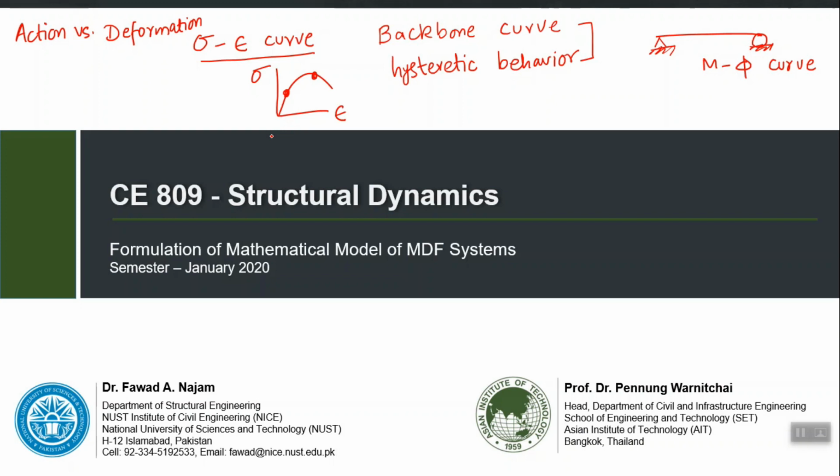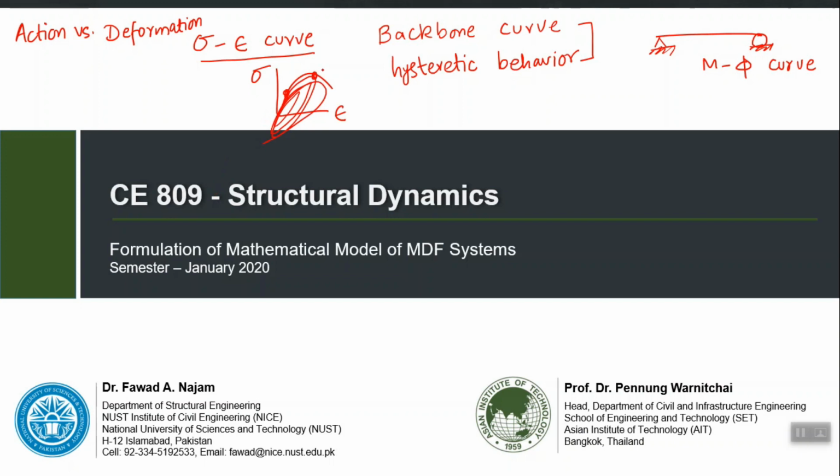But you can also get a more comprehensive behavior picture if you apply cyclic loading. If you apply some level of stress and then unload it and apply in the opposite direction, then reload, unload, reload, keep on doing that, you will get what we call the cyclic behavior or hysteretic behavior, right. The cyclic behavior, if you plot it, may look something like this.